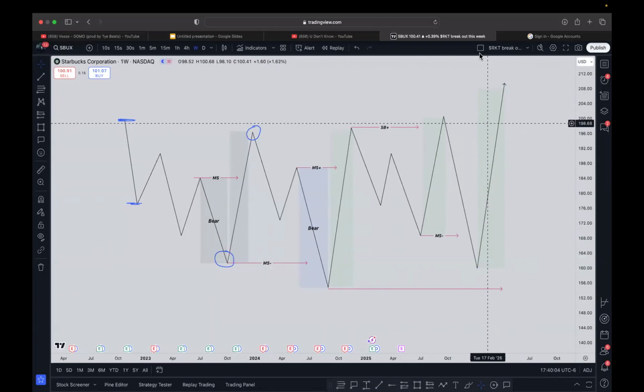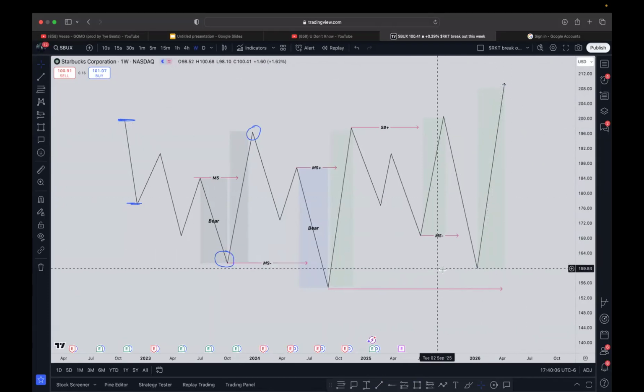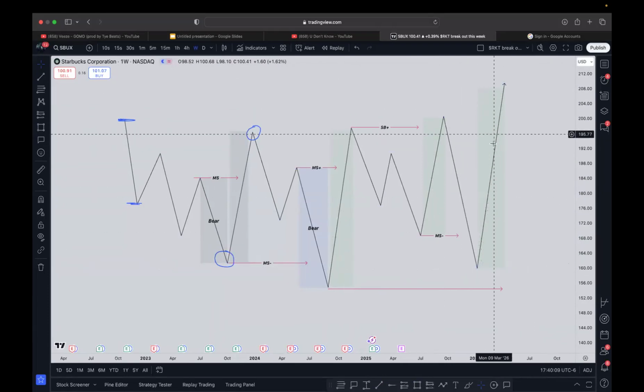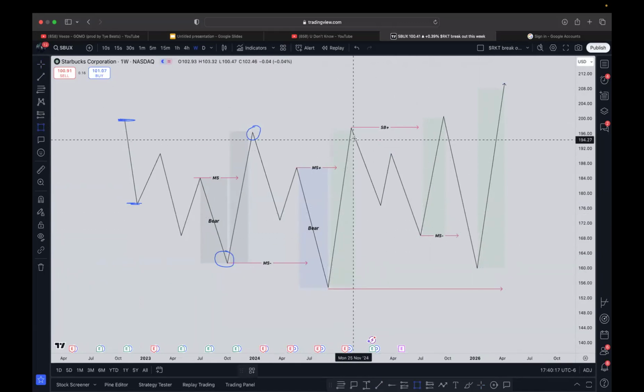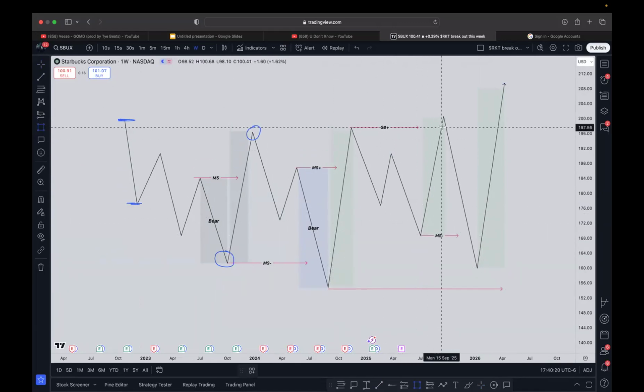Why isn't the last one a bearish range? So this is a bullish range because, oh wait, sorry, I missed it. This low here to this high here is a range. This low here to this high here is a range.